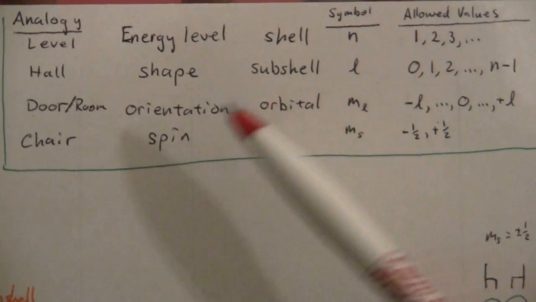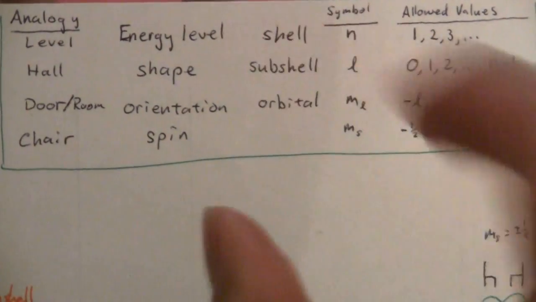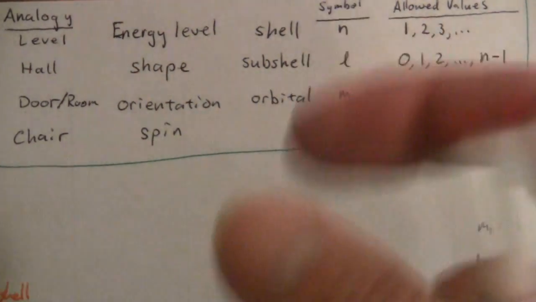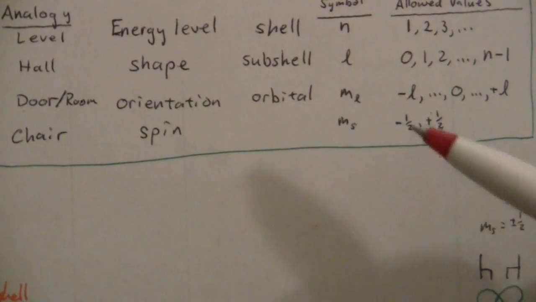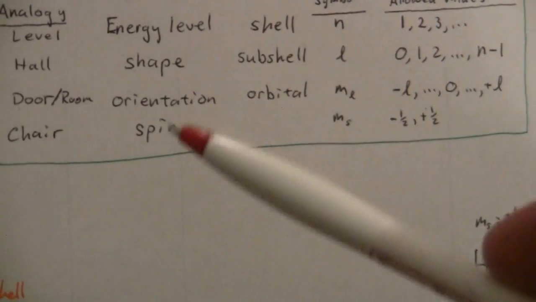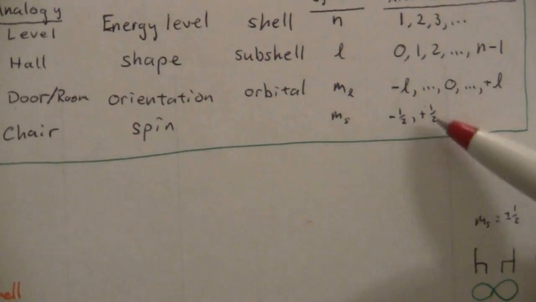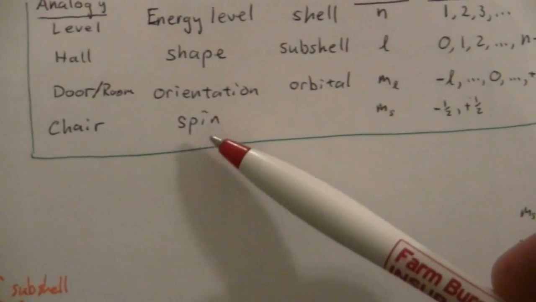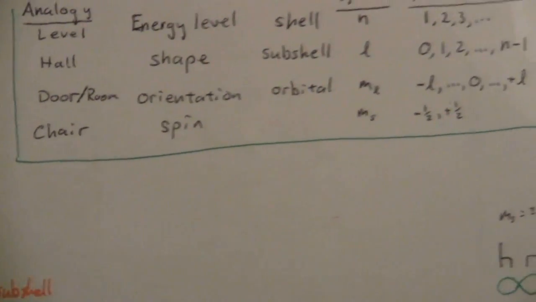And then M sub L tells us about the orientation, whether it's vertical, horizontal, or out of the plane of the paper. And then M sub S is kind of like clockwise or counterclockwise. Okay, that's why there's just 2 values, 2 different possibilities for the direction of the spin.